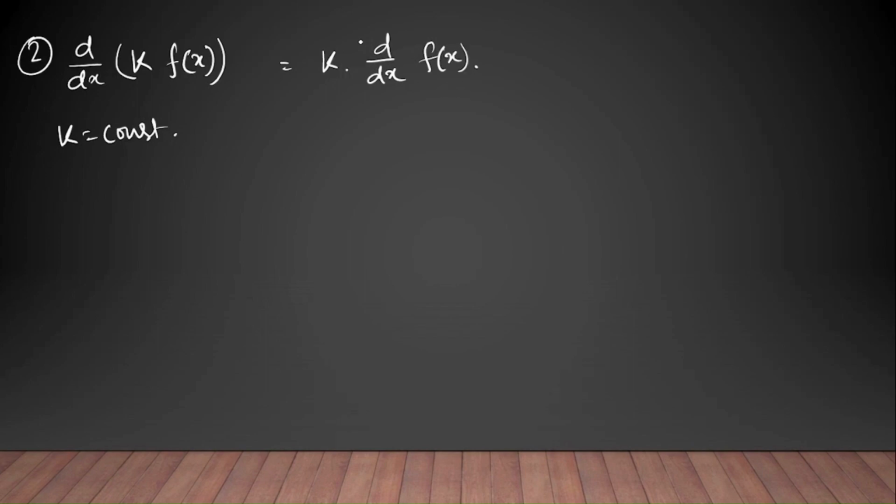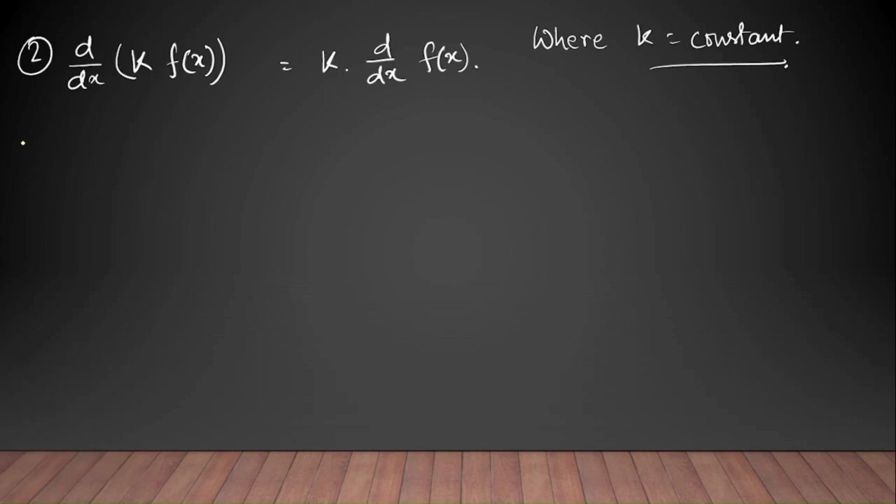We are not bothering about the derivative of k. We simply take the value of k outside of the function, then find the derivative of the function of x. Okay, let's take an example, where k equals a constant.